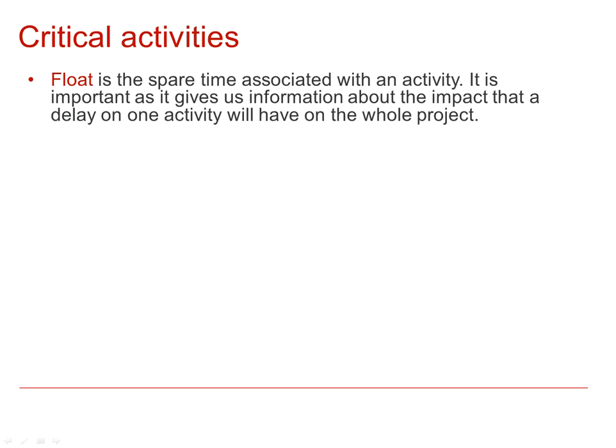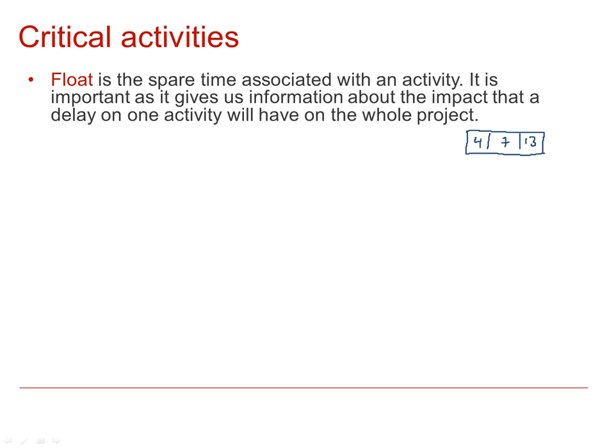If the boxes underneath the activity read 4, 7 and 13, then the early time is 4, the duration is 7, so it possibly could be finished by time 11 if nothing goes wrong, but it has to be finished by 13, so we've got 2 units of time as float.